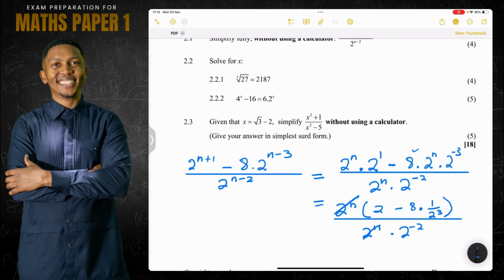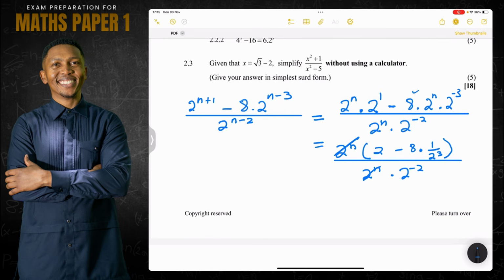So this and that can cancel because they are products in this case. So we can say this is 2 minus 8 times 1 over 8, divided by 2 to the exponent minus 2. So that will give us 1 over 2 squared, which is 1 over 4.